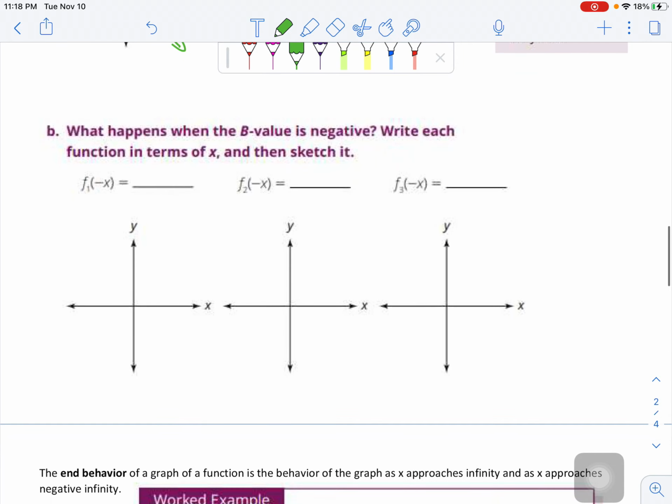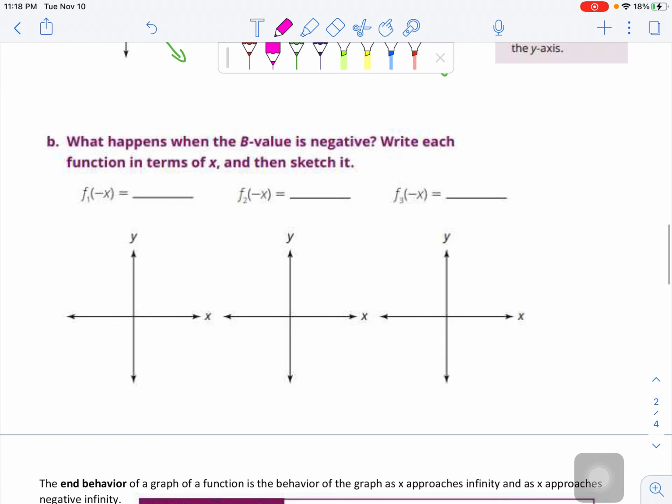All right, what happens when the B value is negative? Now, that doesn't look kind of like what we've talked about, but what ends up happening here is there is a value that's attached to x inside the basically parentheses, if you were to write them, and it would look something like this.